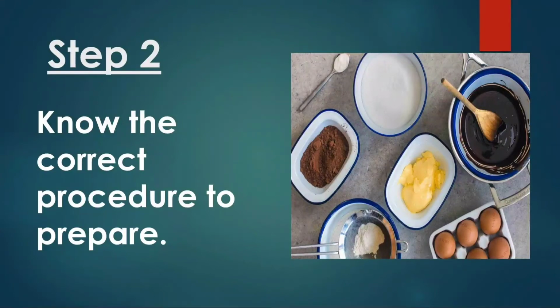How to make the cake, how to bake the cake. After knowing the correct procedure, we start making the cake, following all the steps one by one, and after following all the steps, we have our delicious cake, because we followed the prepared procedure.